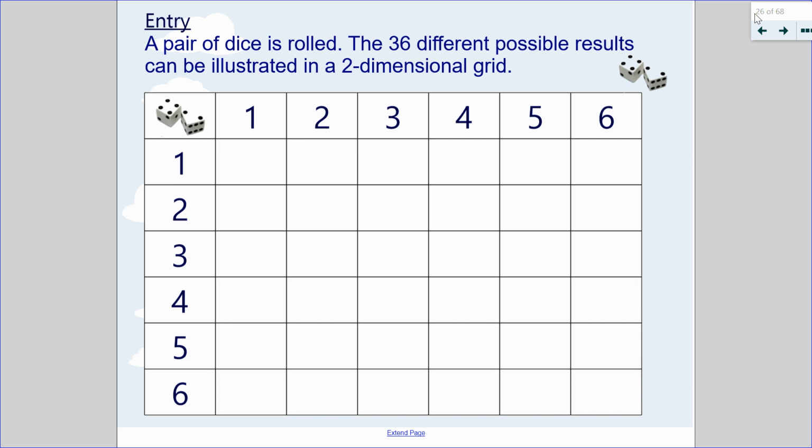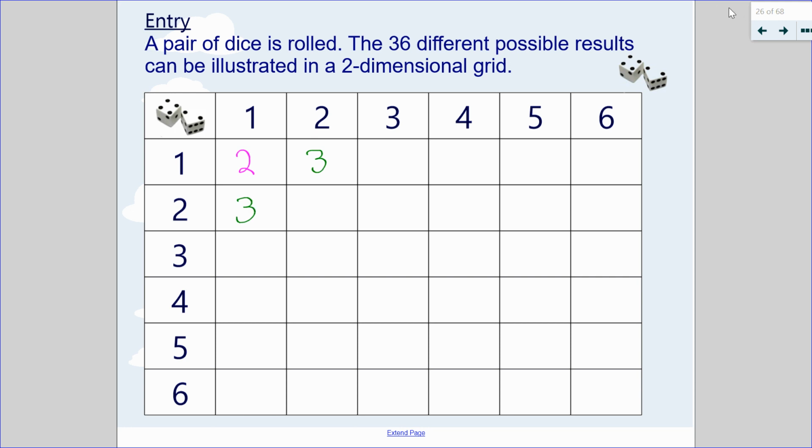But if you roll 2 dice and you get double ones, those are called snake eyes, you would roll a 2. If you roll a 1 and a 2, you would get a 3. And if you roll a 2 and a 1, you'd also get a 3.